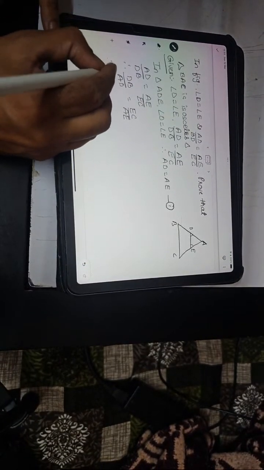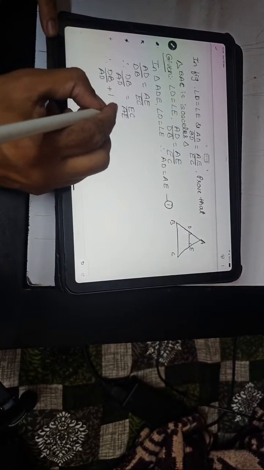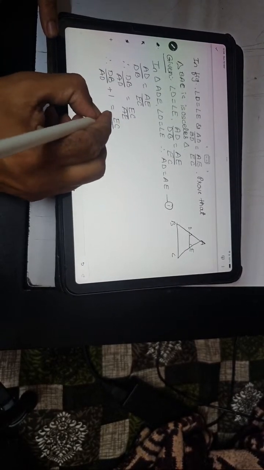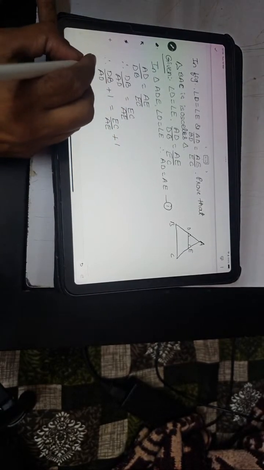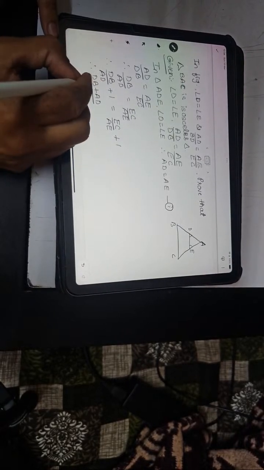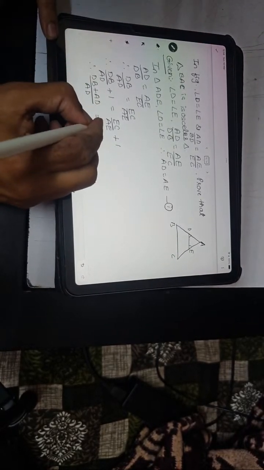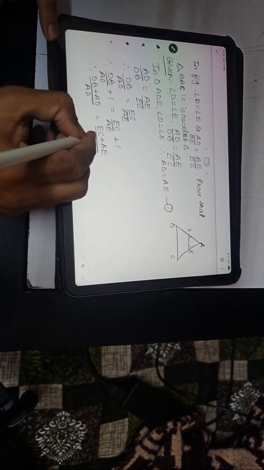So therefore DB upon AD plus 1 equal to EC upon AE plus 1. So this will be DB plus AD upon AD equal to EC plus AE upon AE.